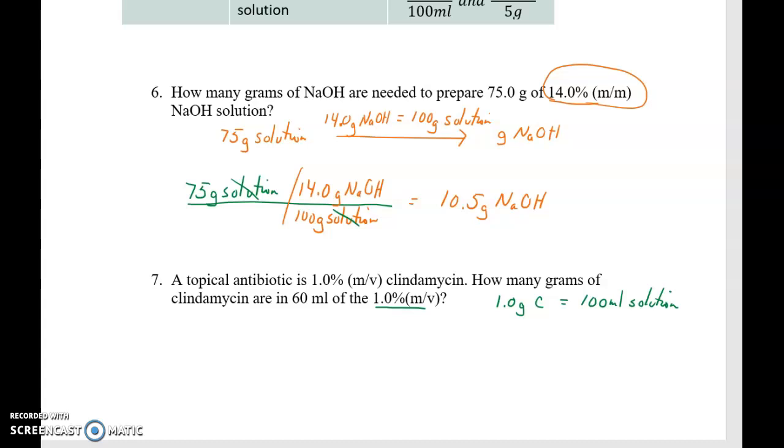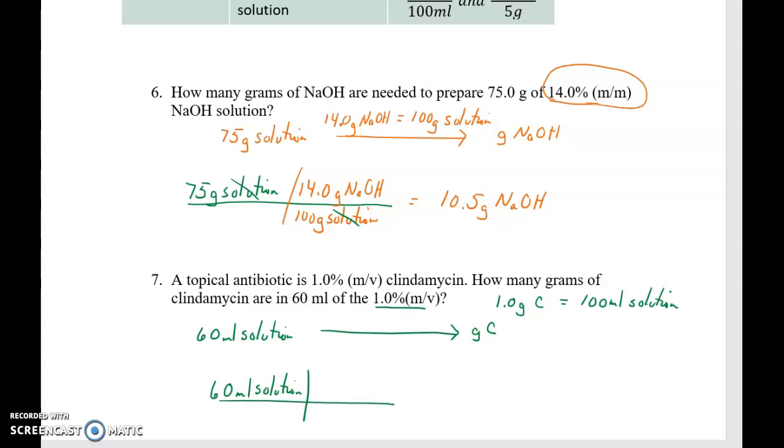We're starting with 60 milliliters of the solution, and we'd like to know the grams of clindamycin. Abbreviated that with a C. So we'll write 60 milliliters of solution, and we'll draw our line.